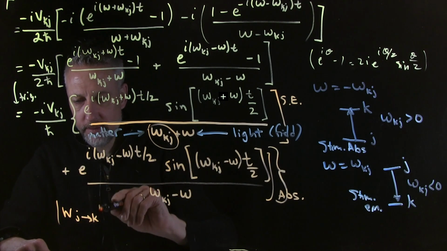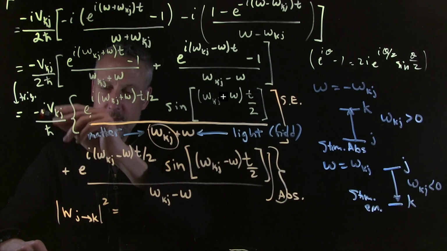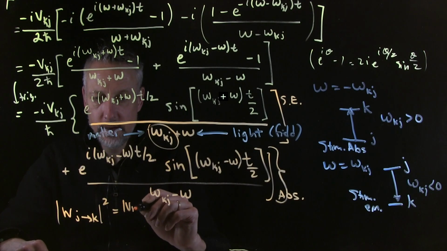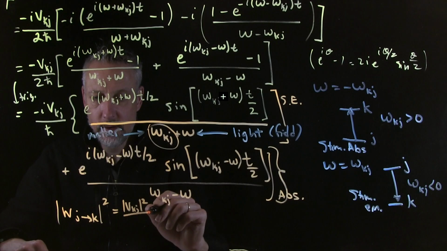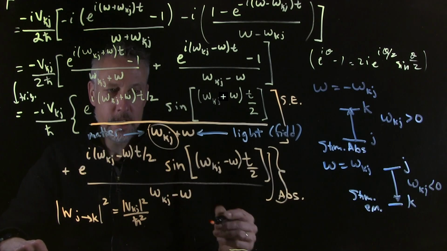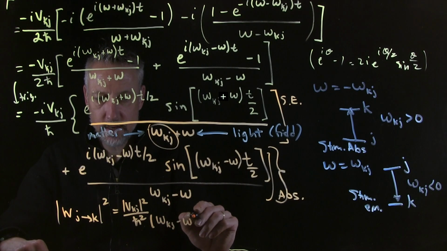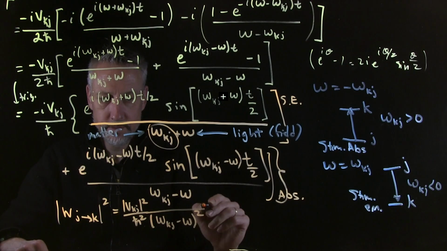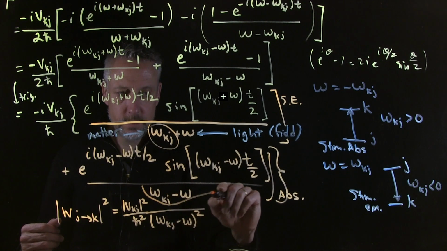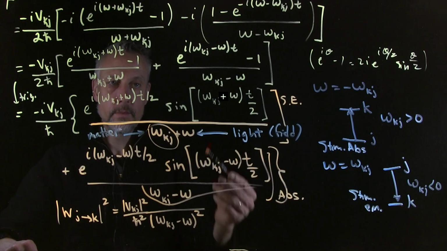If we compute the modulus squared of this, what will we have? We will obviously get rid of the i business. So we will have V kj squared divided by h bar squared. In the denominator, we will have omega kj minus omega, squared. I'm just running out of board. And then we only have this one term.